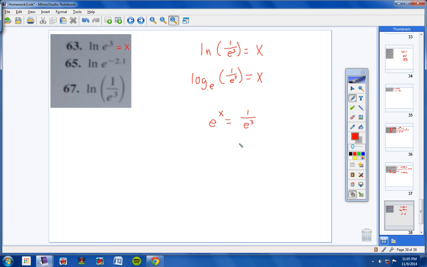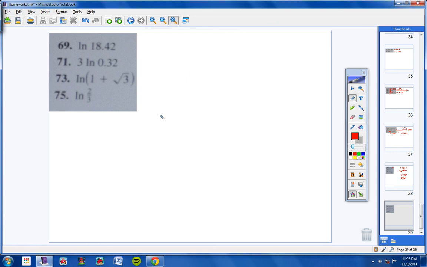Now hopefully you guys know what to do. Take this e right here and bring it up top. And when you do that, the exponent changes sign, not the e. The 3 is over 1, which of course is this. Cross your e's off. X equals negative 3. Okay? Not too bad.